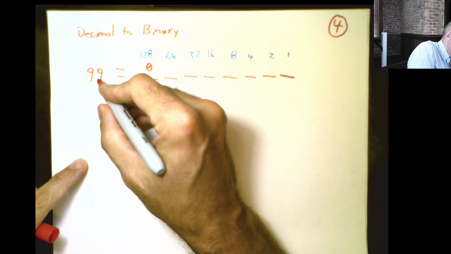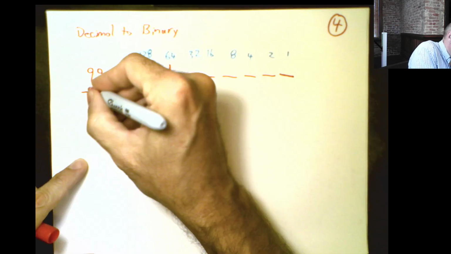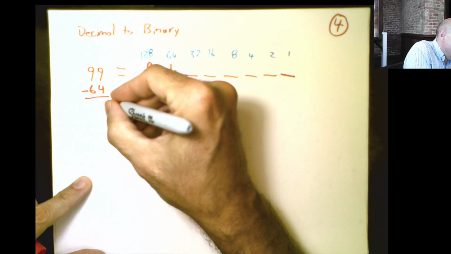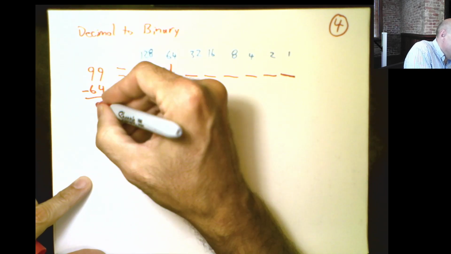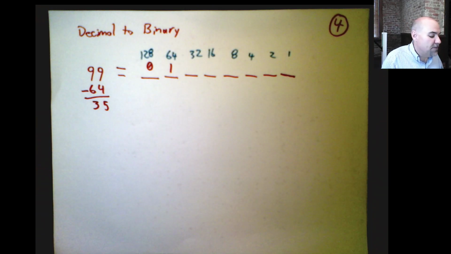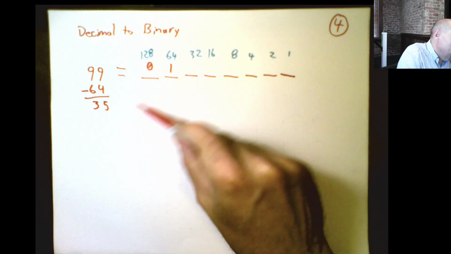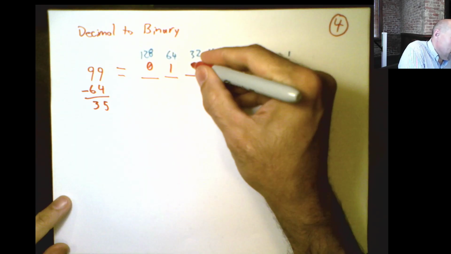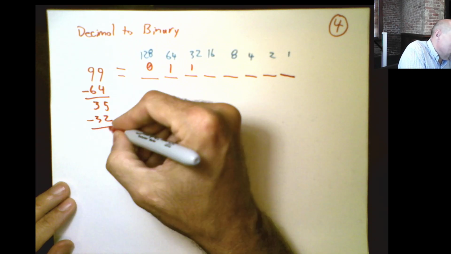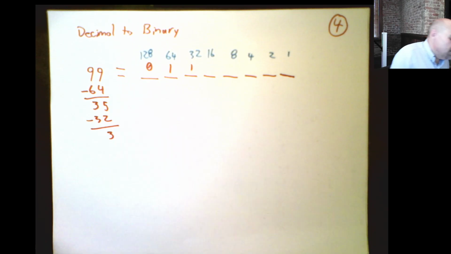64 will fit into 99, so that's going to be a 1. Subtract 64 out of that. So 9 minus 4 is 5. 9 minus 6 is 3. So we have 35 left. Will 32 fit into 35? Yes, it will. So minus 32 leaves 3.